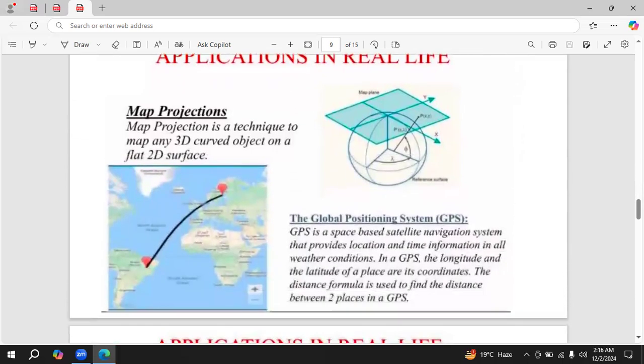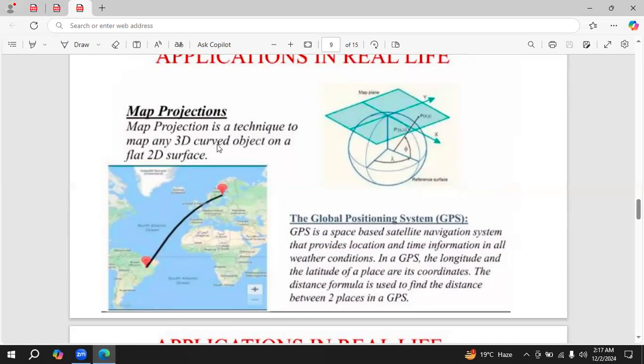So the next example is the GPS system. We have this GPS system very much in our present life, in this present day. The GPS system works everywhere, and that's basically based on the satellite navigation system.